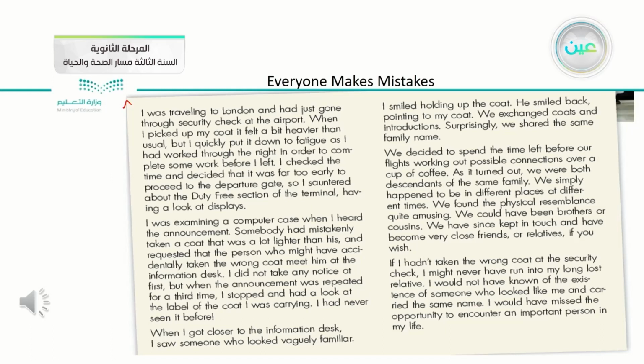We could have been brothers or cousins. We have since kept in touch and have become very close friends, or relatives, if you wish. If I hadn't taken the wrong coat at the security check, I might never have run into my long-lost relative. I would not have known of the existence of someone who looked like me and carried the same name. I would have missed the opportunity to encounter an important person in my life.